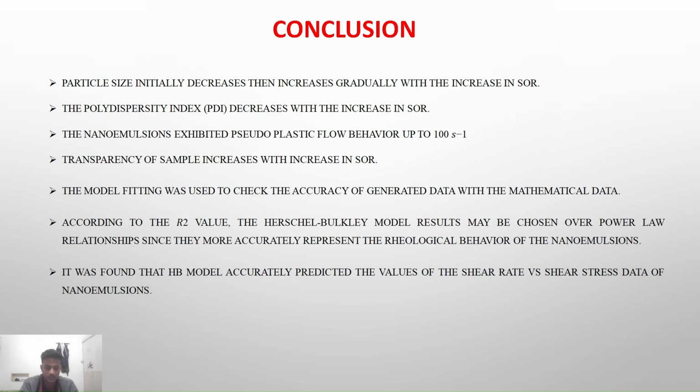So what are the conclusions we got? Particle size initially decreases and then increases gradually with the increase in SOR. Since we have used the SOR as a parameter, this experiment is based on varying the SOR. There are also many other parameters, such as we can vary the RPM and the temperature, but this experiment focused on varying the SOR.